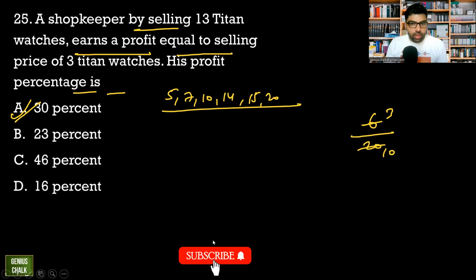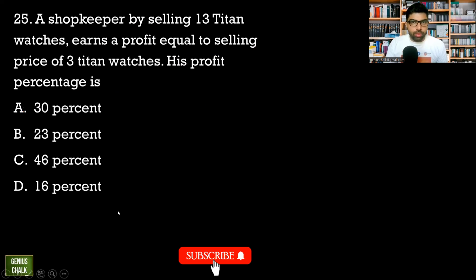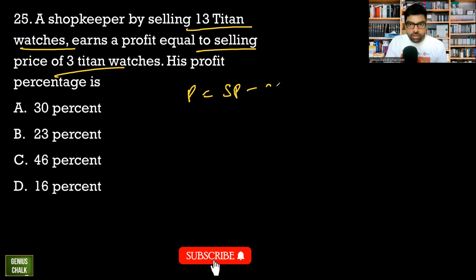25, shopkeeper by selling 13 Titan watches earns a profit equal to selling price of 3 Titan watches. Profit means selling price minus cost price. If he has sold 13 watches, the cost price also must be for 13 watches, and profit also must be for 13 watches. This is the logic. Now, profit of 13 watches is actually selling price of 3 watches.